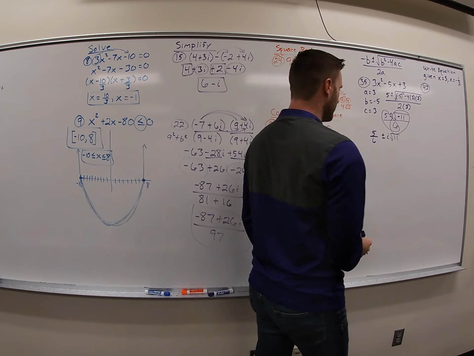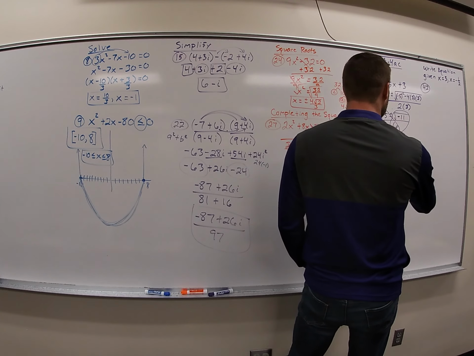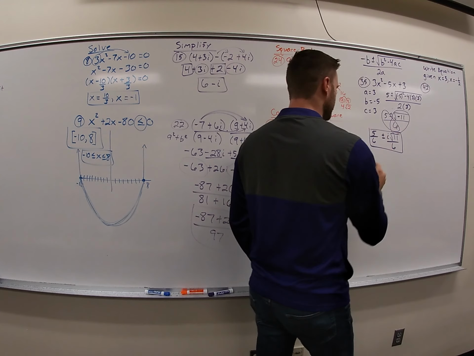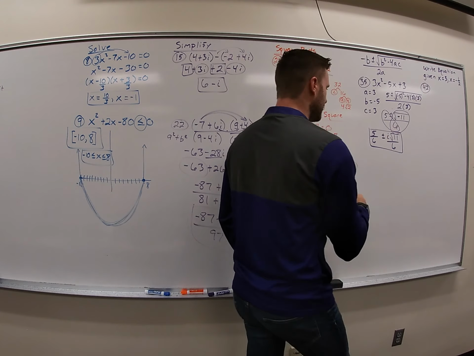So i times the square root of 11, and this is also over 6. And so here are our 2 answers, and that's what you would write on the test. So 5 over 6, so split the fraction out, plus or minus. Because of that negative under the radical, we're going to take an i out, and then just leave it as square root of 11 over 6, because 11 cannot break down, so we can't reduce that fraction.